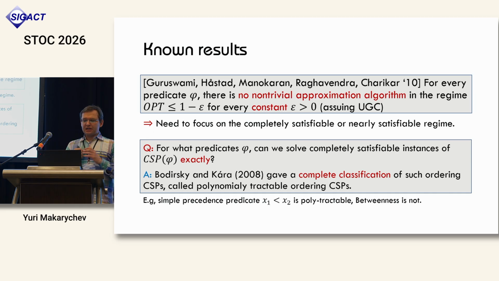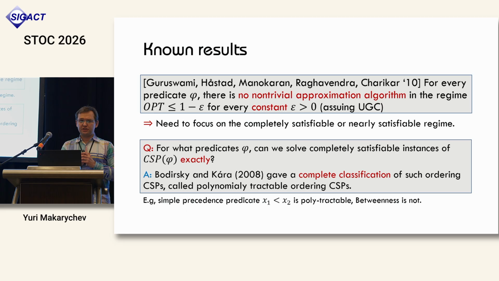Another important result is due to Bulatov and Jeavons. Suppose that our CSP is completely satisfiable. The question is, can we actually find a solution that satisfies all the constraints in polynomial time?